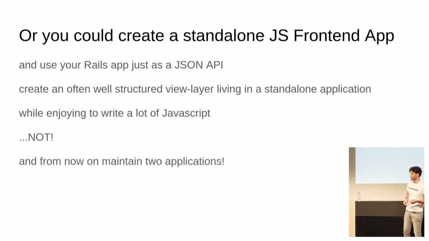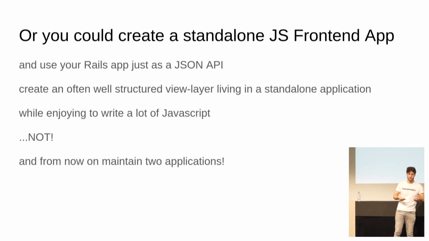And the most important thing is you have to maintain two different applications. You have your Rails backend and your JavaScript frontend, you have to align these systems, create APIs, and you lose a lot of functionality. You have to manage authentication and authorization on two systems. Translations, for example, live in the backend, but you have to duplicate them somehow in the frontend.